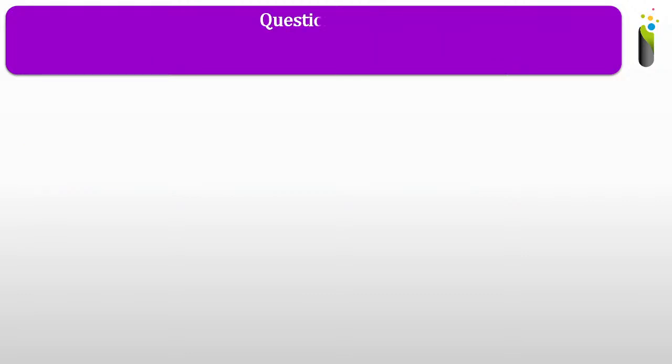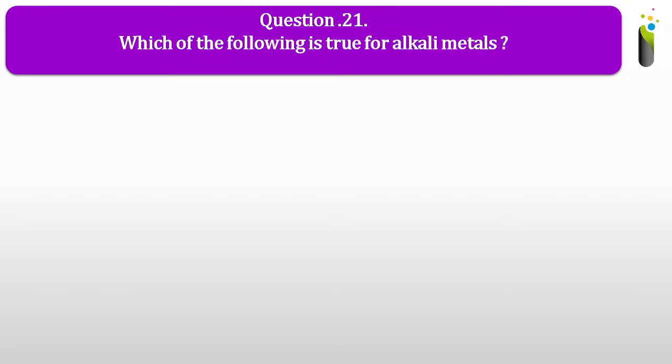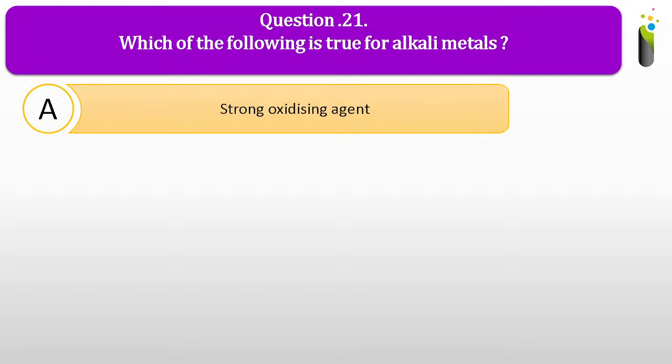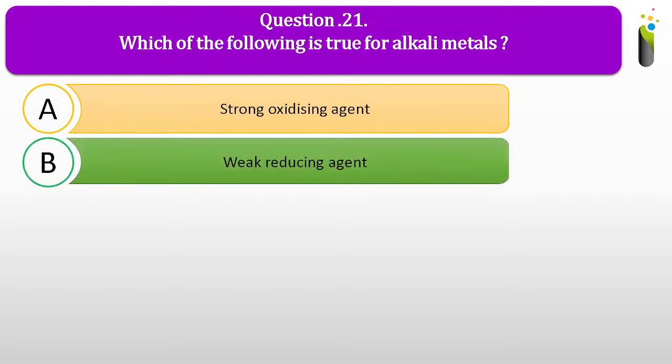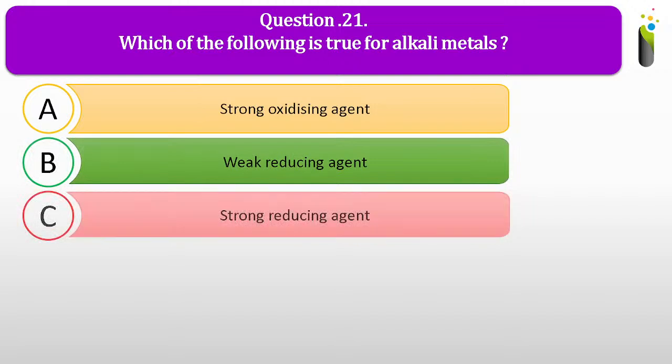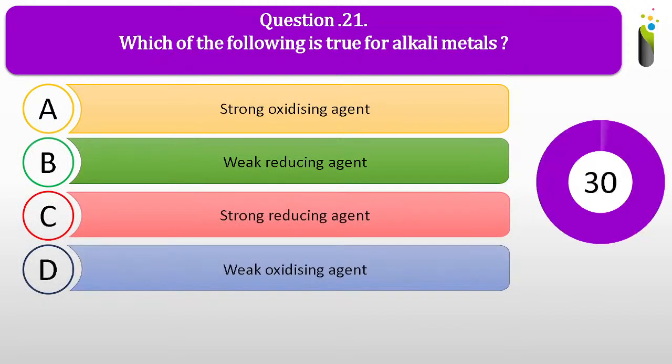Coming to the next question number 21. Which of the following is true for alkali metals? A. Strong oxidizing agent. B. Weak reducing agent. C. Strong reducing agent. D. Weak oxidizing agent. I think this question is repeated.